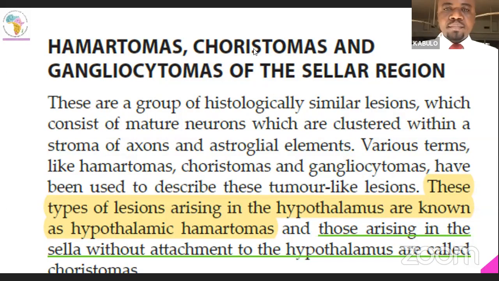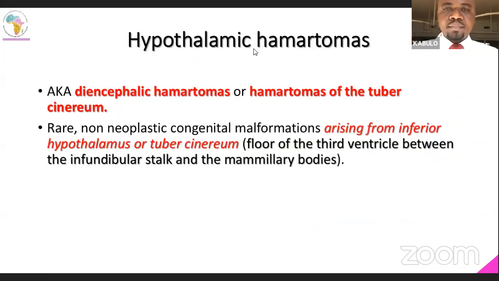And those arising in the sella without attachment to the hypothalamus are called choristomas. So hypothalamic hematomas are also known as diencephalic hematomas or hematomas of the tuber cinereum. They are very rare. They are non-neoplastic congenital malformations arising from the inferior hypothalamus or from the tuber cinereum.